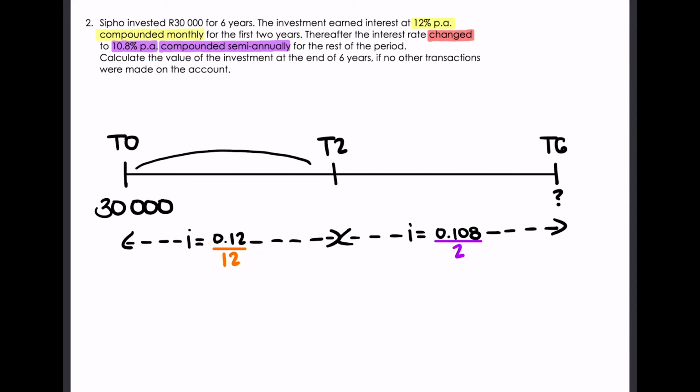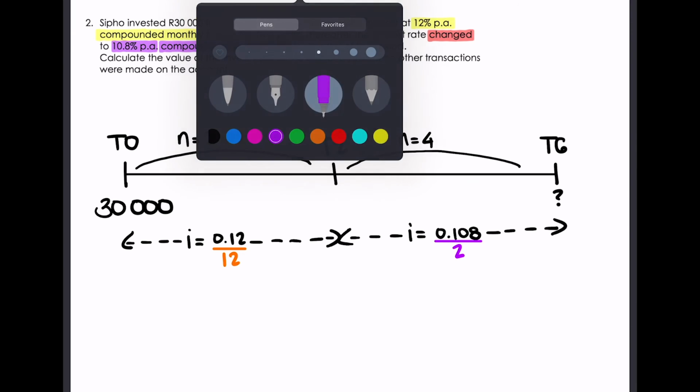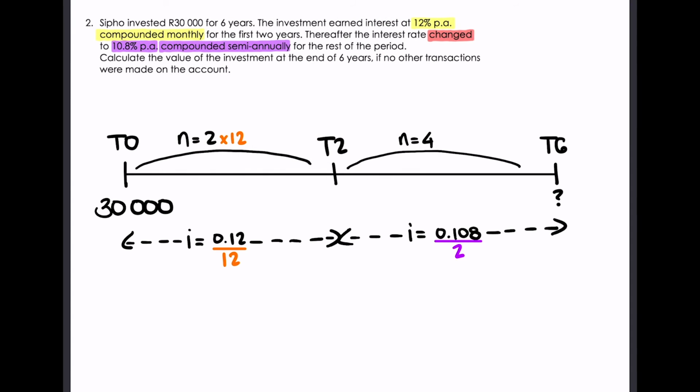So how many N's are there between 0 and 2? N is equal to 2. But it's compounded monthly, which means that I divided I by 12, which means I need to times N by 12. And then how many N's are there between 2 and 6? There are 4 N's between 2 and 6, but that was compounded semi-annually, so I divided the I by 2, which means that I need to multiply the N by 2.